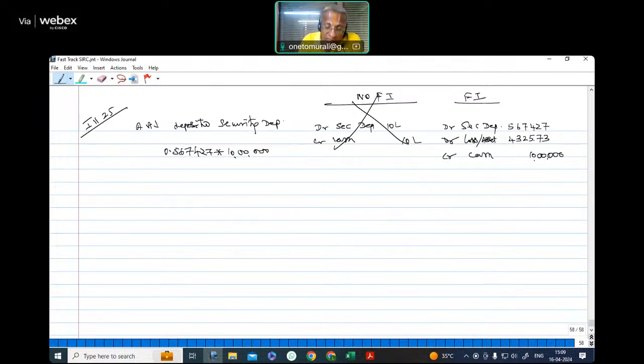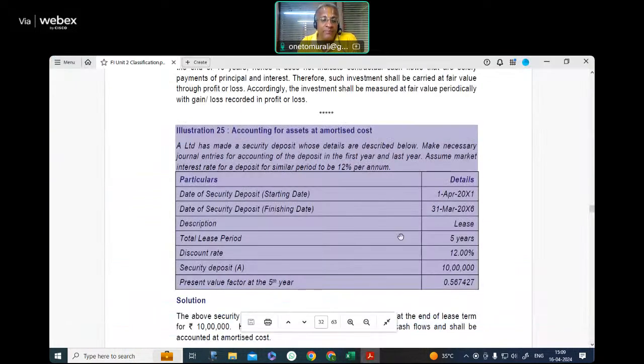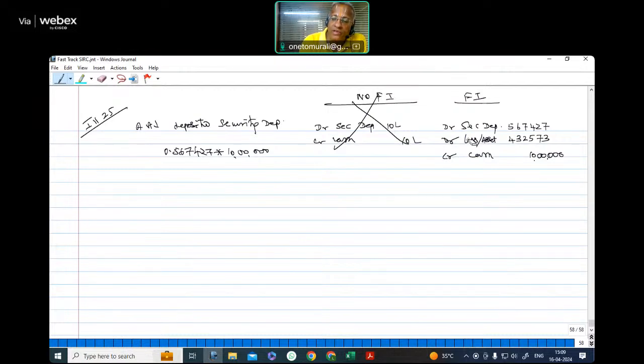Understand for what purpose this deposit is kept. It is something like we find people occupy a place by paying a lump sum which will carry no rate of interest. Of course, the money is being paid only for the purpose of rent. So therefore, it cannot be considered a loss. It should be taken up as an asset.